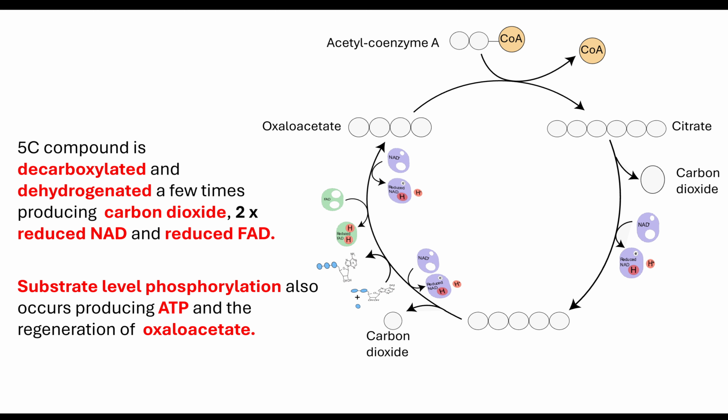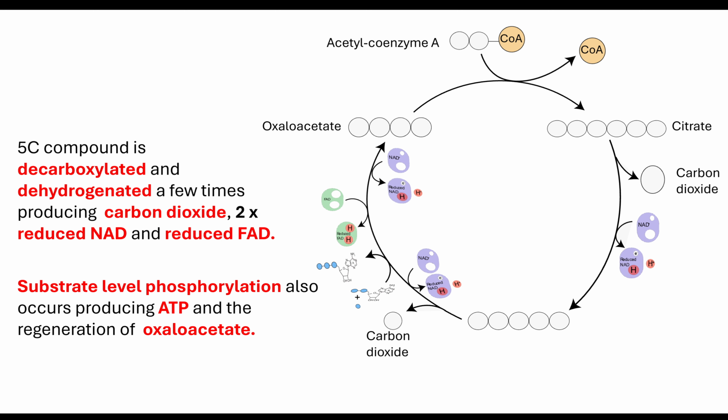Now, what they love to do in the exam sometimes is they love to give you this cycle, but show you many of the intermediate stages that could be in between. Now, you're only expected to know oxaloacetate and citrate and the acetyl group. However, it is important that you note, if they're giving you a different molecule, look at how many carbons it has.